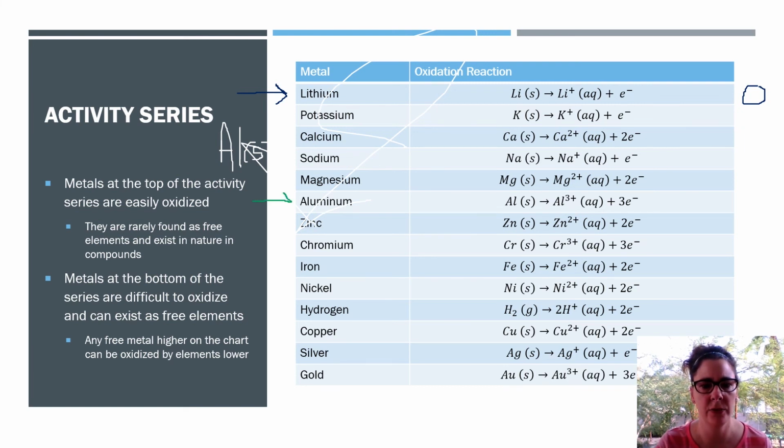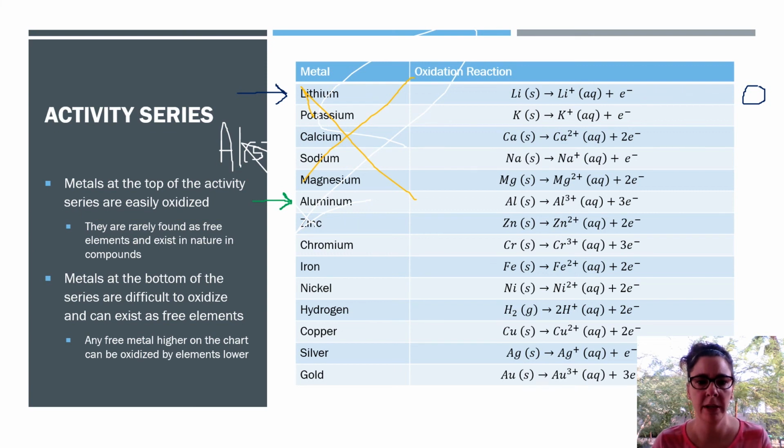Aluminum is right here. So how the activity series is read is that for our aluminum metal, anything below that in solution could oxidize the aluminum into aluminum 3+. So we wouldn't want to choose, say, lithium chloride, potassium chloride, calcium chloride solution, or sodium, any of those up there. So we'll put an X. These ones aren't going to work. These are not strong enough to oxidize aluminum, but anything below that could.